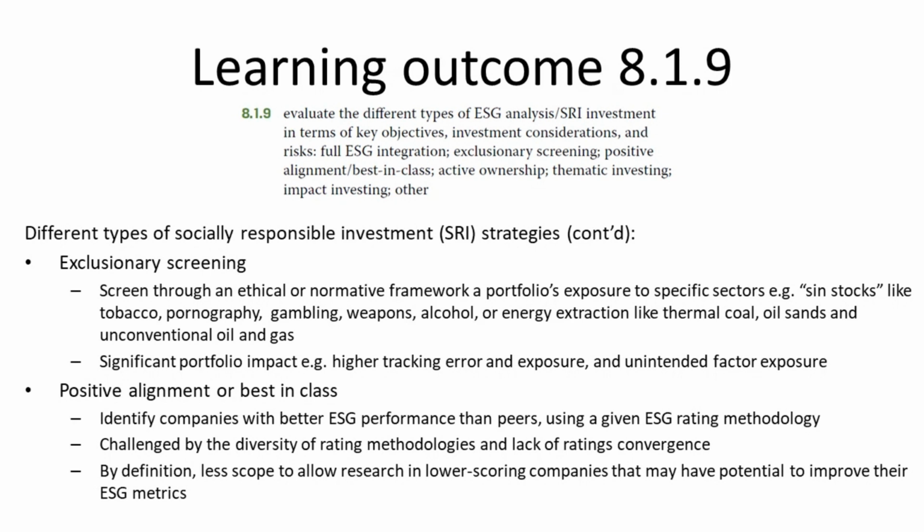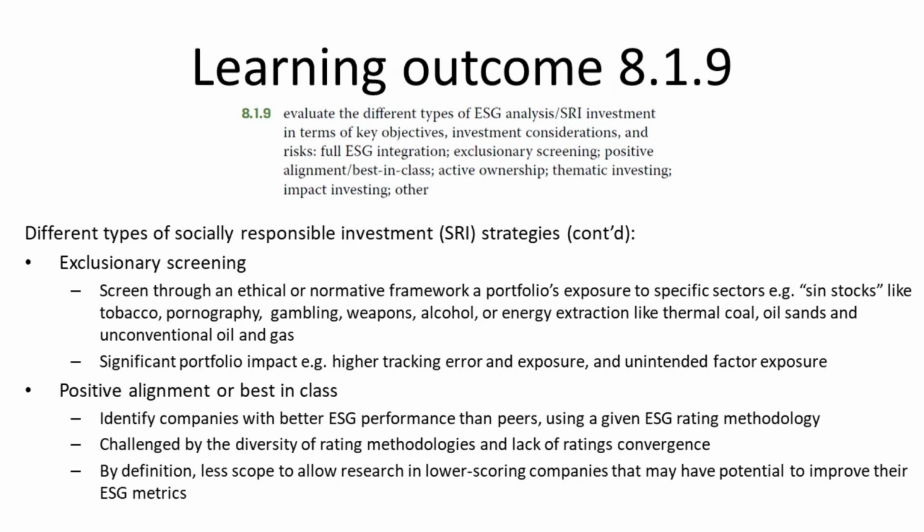And positive alignment or best in class, we actually talked about this a long time ago at the beginning of this course. These are identified companies with better ESG performance than peers, using a given ESG rating methodology. But then again, it's challenged by the diversity of rating methodologies and a lack of rating convergence, as we've learned in the previous chapter.